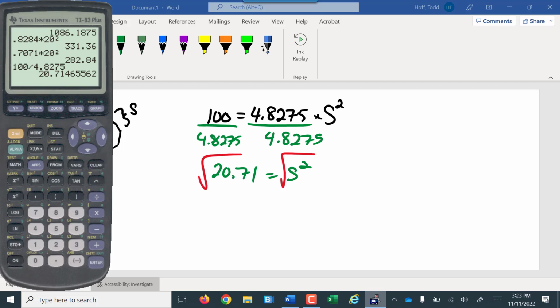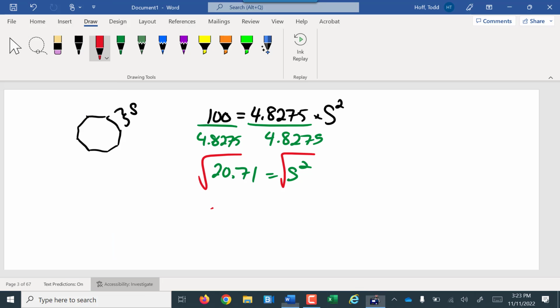Square root it. Most of your calculators do have an answer key. So your side is 4.55 feet, which is about 4 foot 7 inches, the length of that side.